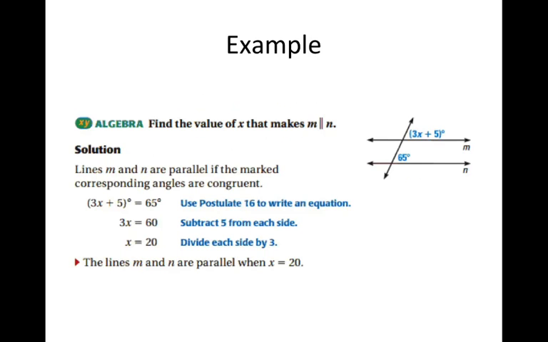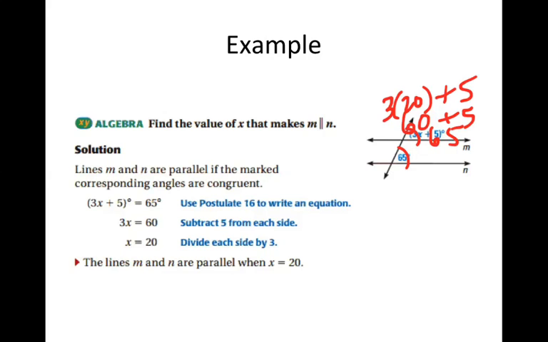By a couple quick algebraic steps, we can show that x equals 20. So if we go back up to this angle and put in a 20 for x, we get 60 plus 5, we get 65. So we know that those two angles have to be congruent. If those two angles are congruent, then that makes lines M and N parallel to each other.